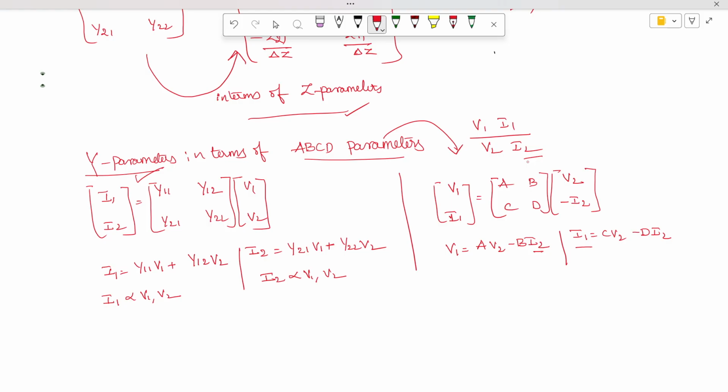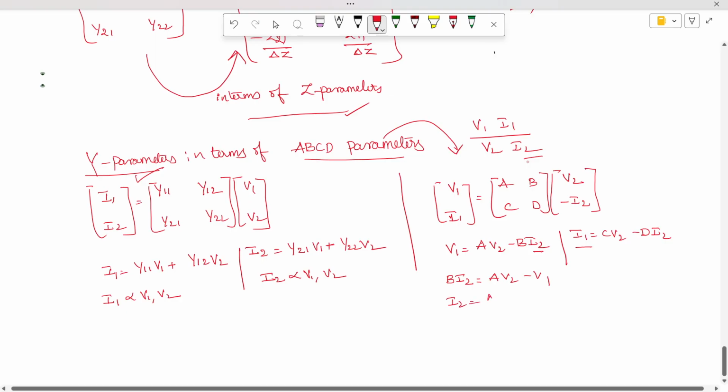So I can move this B I2 to the left-hand side, which is B I2 is equal to A V2 minus V1. But we want it in terms of V1 and V2. Therefore, I'm writing I2 is equal to A by B V2 minus 1 by B V1.